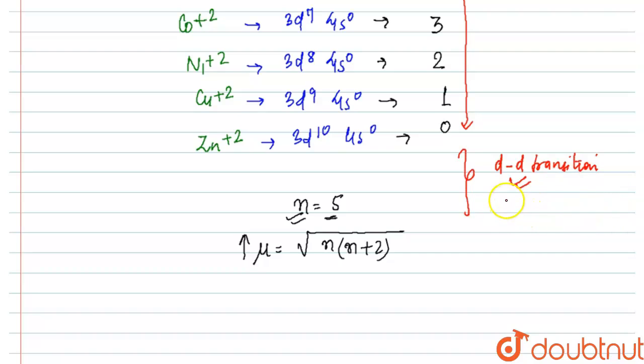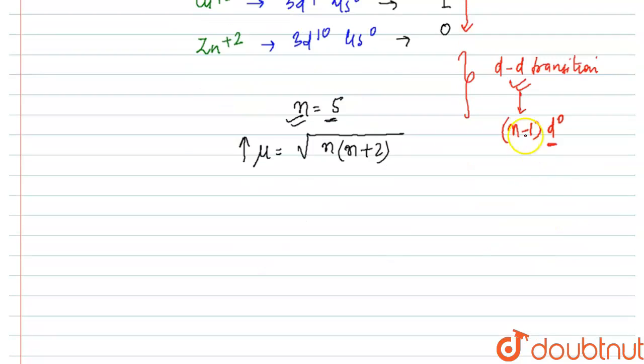And also, some of the ions do not have any electron left in the n-1 d subshell. Those compounds or ions also show color because of LMCT, which is ligand to metal charge transfer.